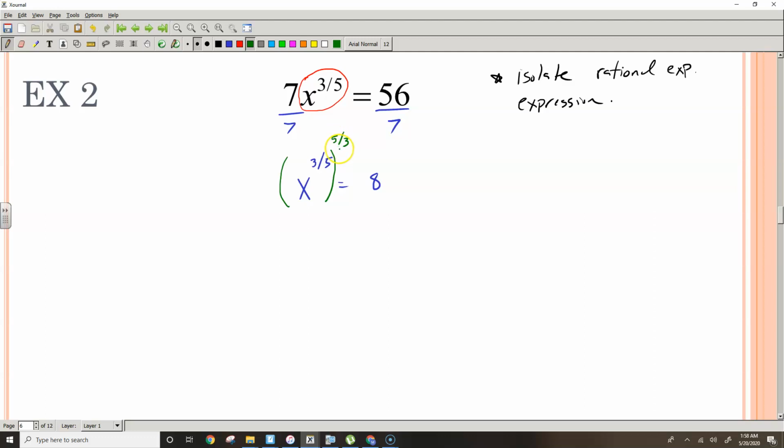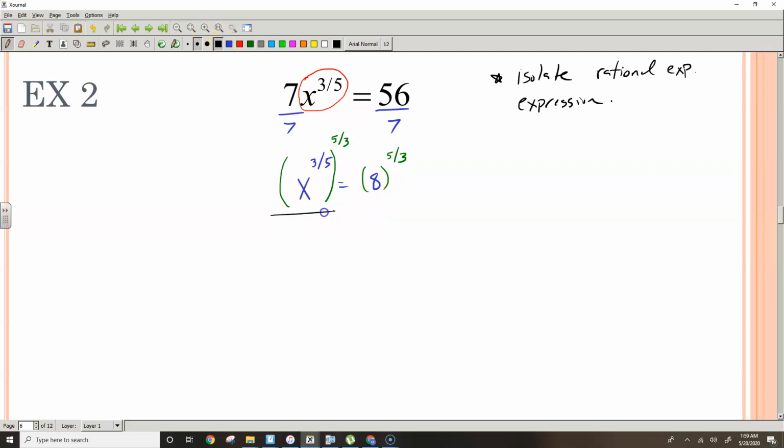And that's what we're trying to get, x to the 1 on both sides. So the trick is to raise that side to the reciprocal of whatever the exponent is. So I'm going to raise the left to the 5/3, and the right to the 5/3.